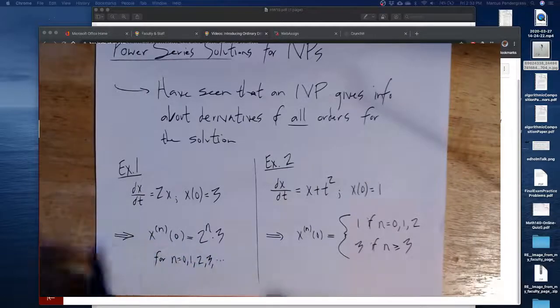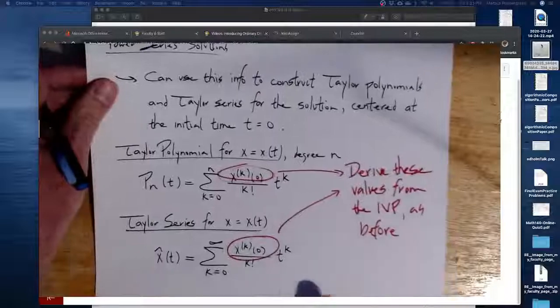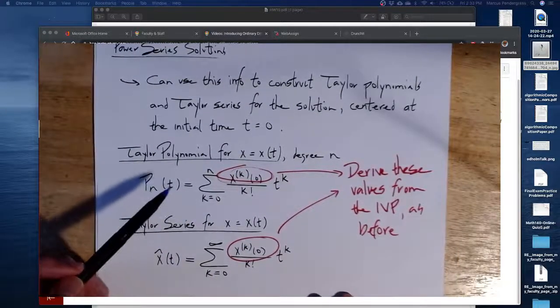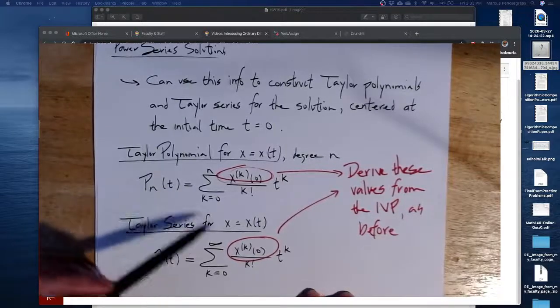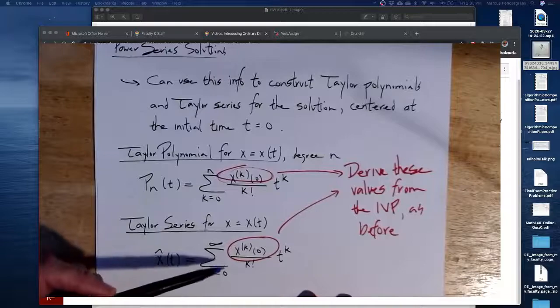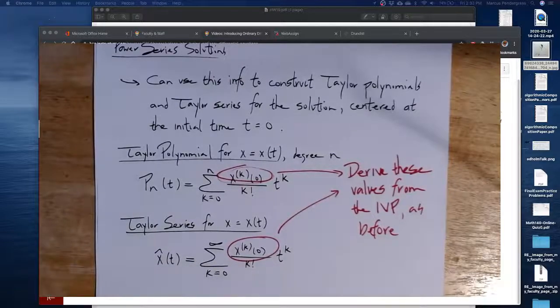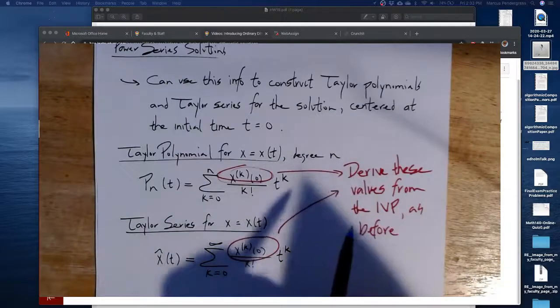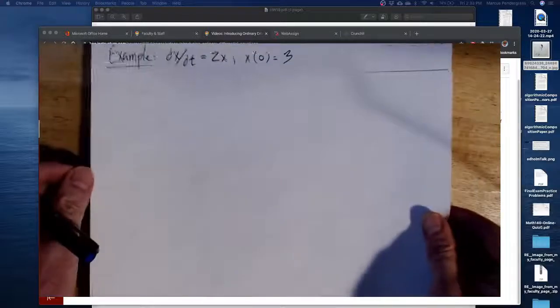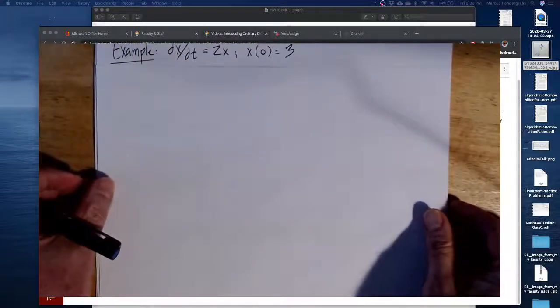Since you're able to pull those numbers out of an initial value problem, at least in principle, relatively easily, that makes Taylor polynomials and Taylor series natural tools to work with when you're trying to solve an initial value problem.